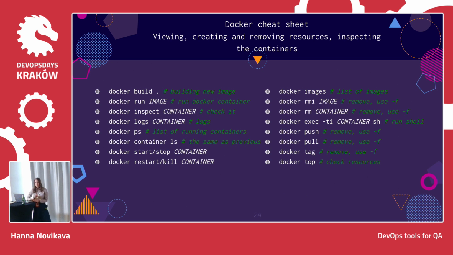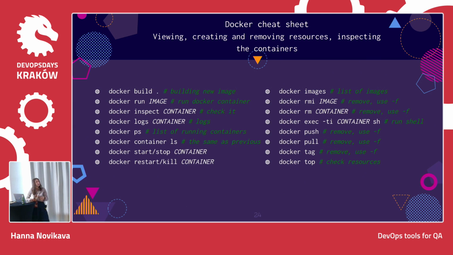Your cheat sheet should be created in such a way that the most popular commands which this engineer needs to use are placed in it. For example, for QA engineers, I don't think we need to place information about networking in Docker or something like that, because it's not their work.